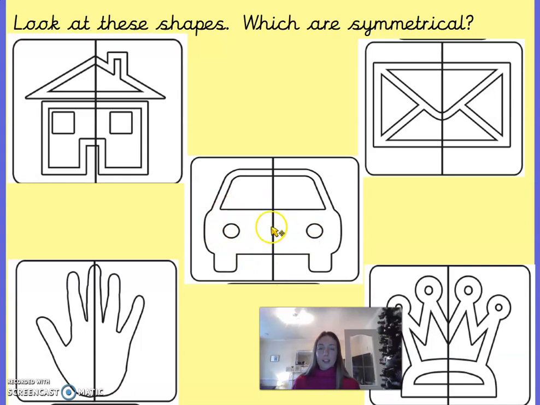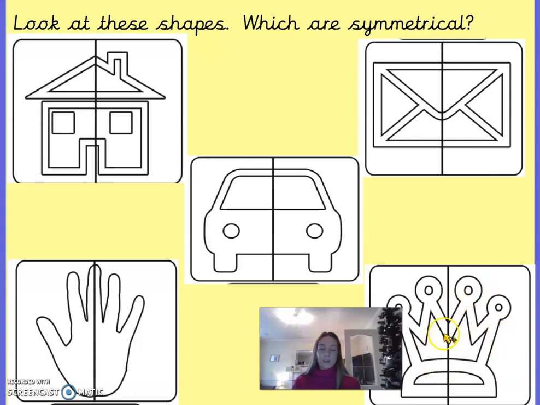So it is symmetrical. How about the envelope? Does the envelope look the same on both sides? It does. It's symmetrical. And the last one is the crown. Is the crown exactly the same on both sides? Is it identical? It is.